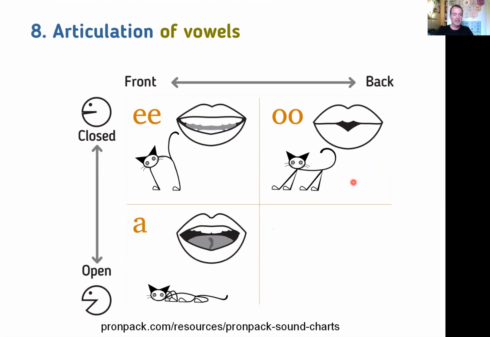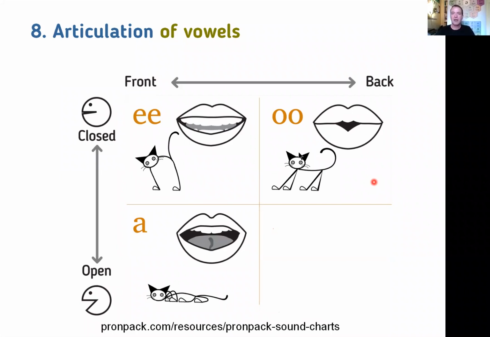Here's a little experiment you can do about the tongue. You can take a clean pencil like this one and put it in your mouth, doing those two sounds like this. E, oo, e, oo, e, oo. You can see that the pencil goes in.